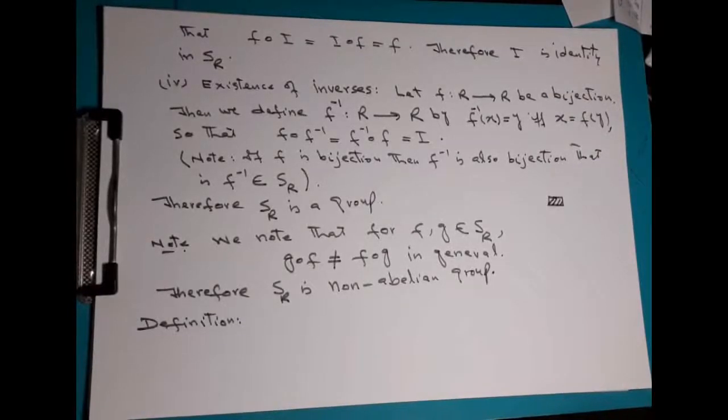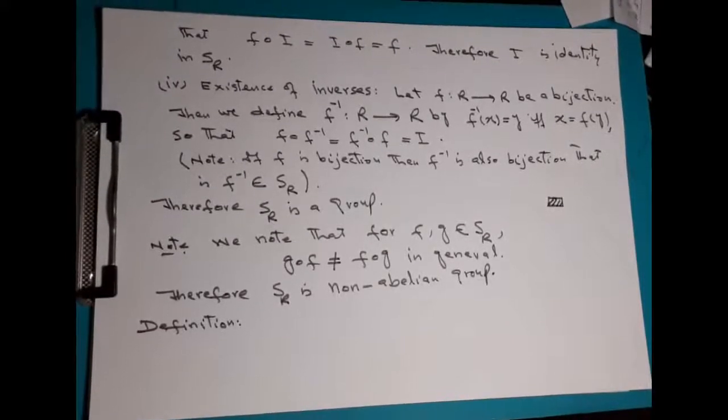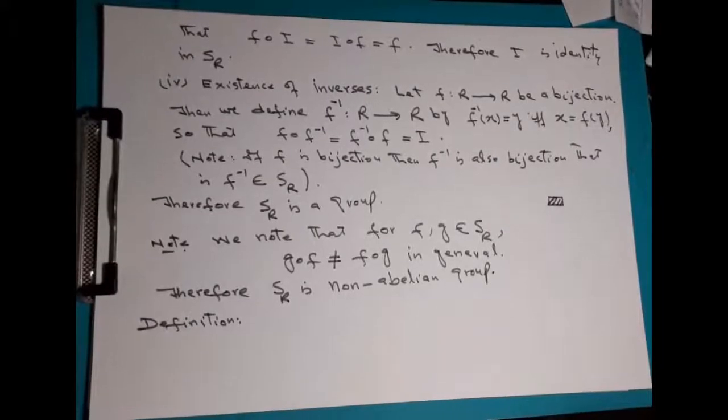And note that bijections from a non-empty finite set onto itself are called permutations. So what I am going to define is the definition of permutation.